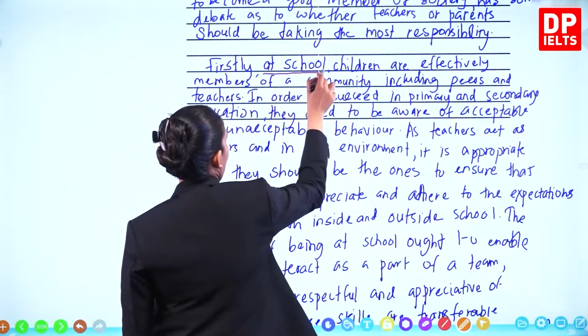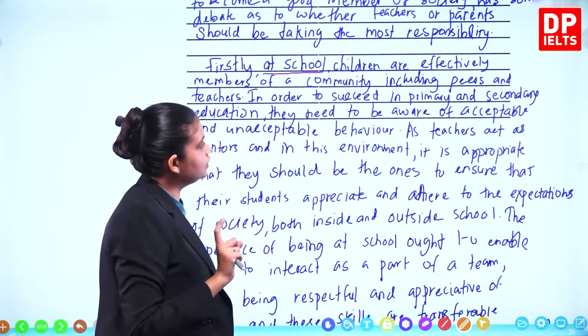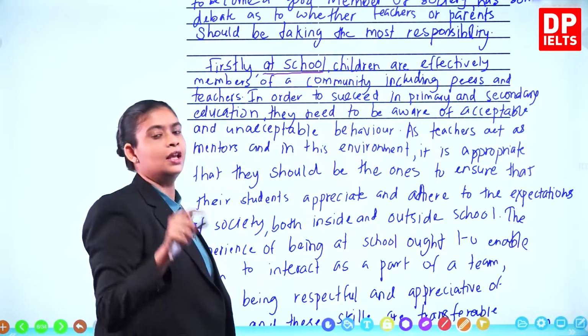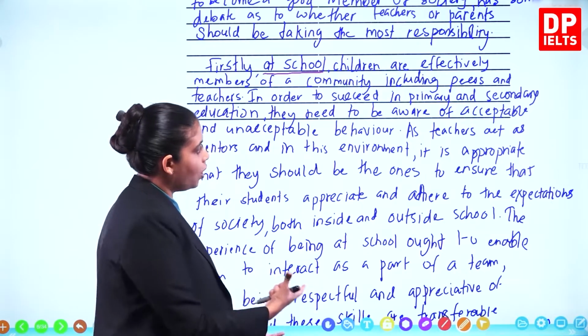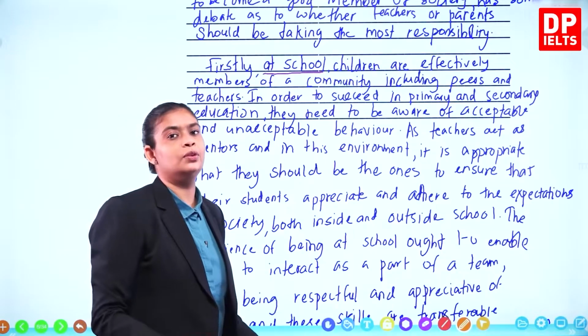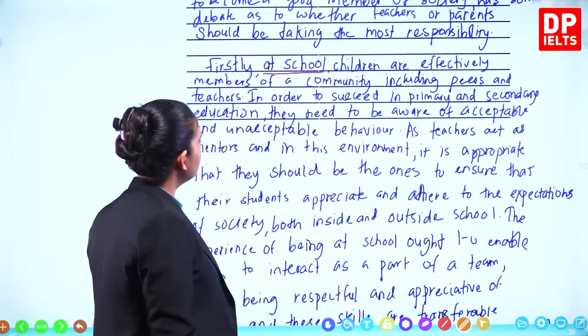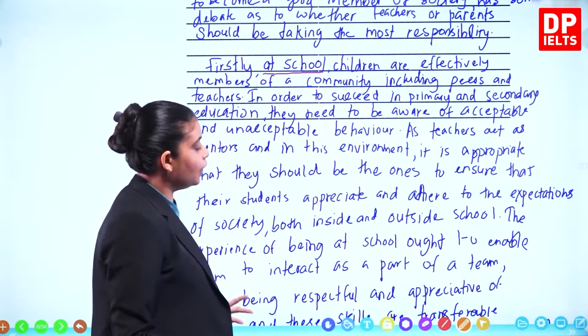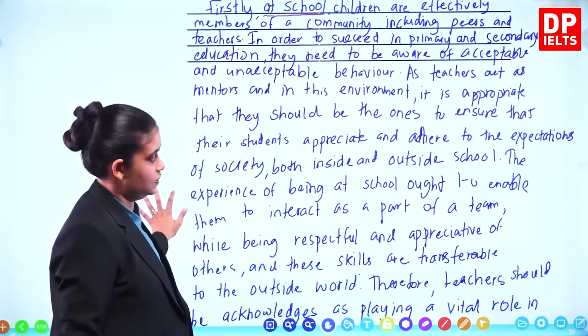So firstly, at school. Remember, as I taught you, when you're writing your topic sentences, they should be very clear for the reader to understand what exactly you are going to include in this specific paragraph. Here it explains how school is important for students, right?